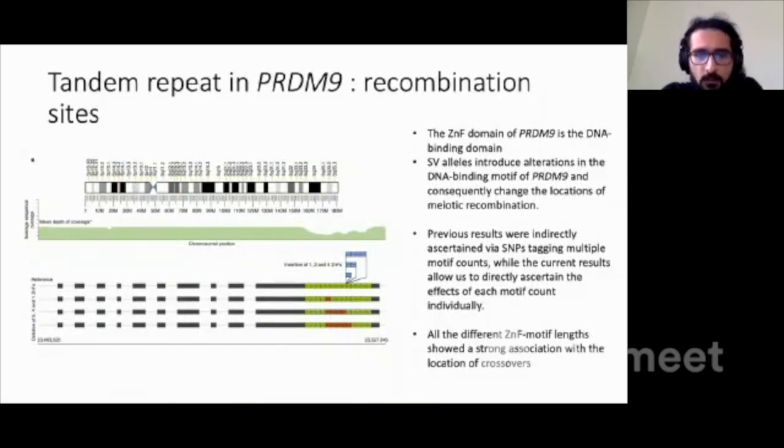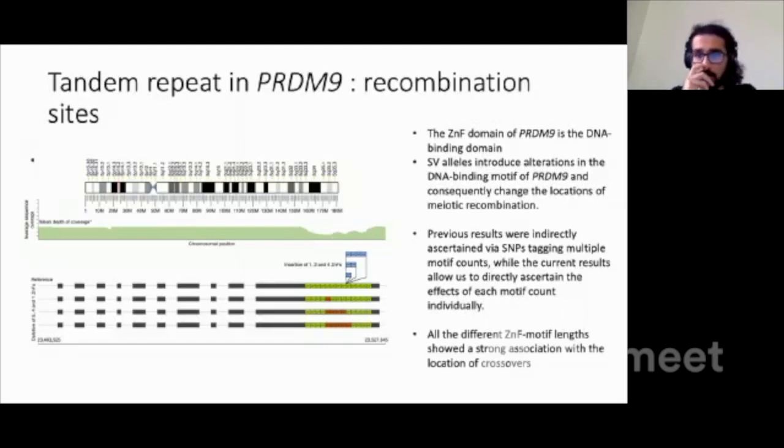And in this domain as well, we found a series of alleles, again with somewhat decreased or non-steady coverage from the short read data, the green track here in the mid panel. We found up to 1, 2, or 4 zinc finger insertions, and 1, 4, and 5 zinc finger deletions in our data set. All such different zinc finger motif length alleles have a strong association with the location of crossovers.